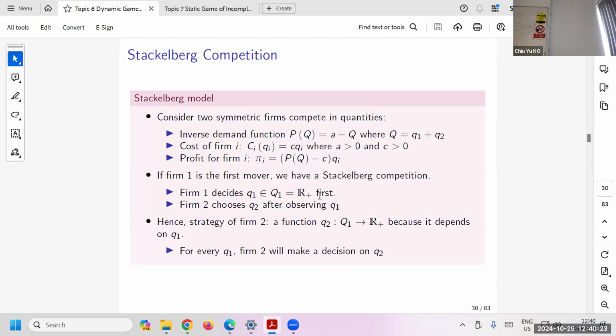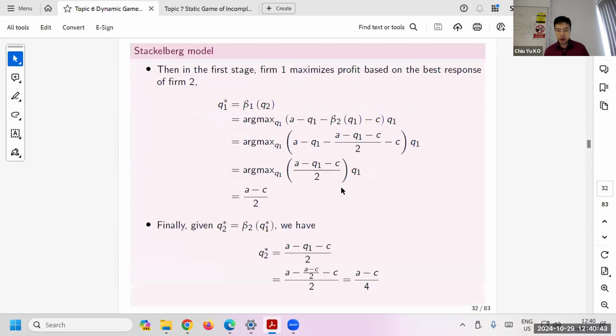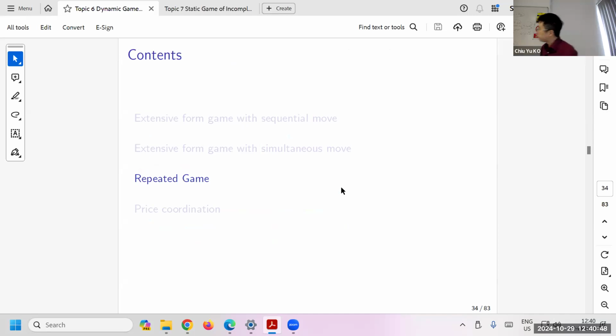Just solve by backward induction: in the second stage, the followers move, and in the first stage, the first mover moves. So the leaders move first, and the followers move later. This kind of model can be very useful, and we learned how to define those. I don't want to repeat that.